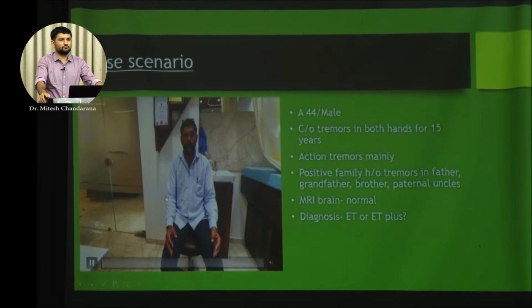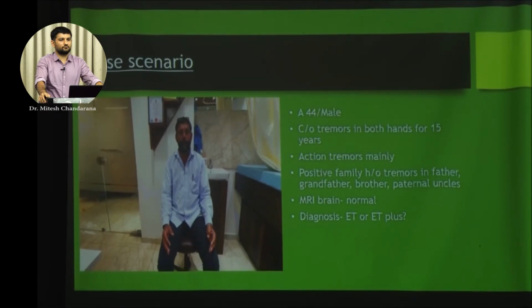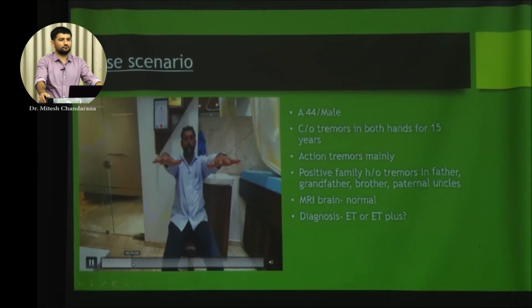This patient is a 44-year-old male with a history of tremor in both hands for the last 15 years, mainly action tremors, and a positive family history of tremor in father, grandfather, brother, and paternal uncles. If we see here, there is some rest tremor in the right upper limb, but not much resting tremor in the left upper limb. Now if we look at the postural tremor, we can see there is an asymmetry, right more than left.